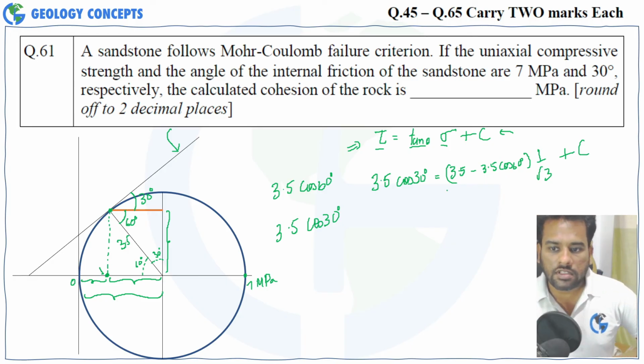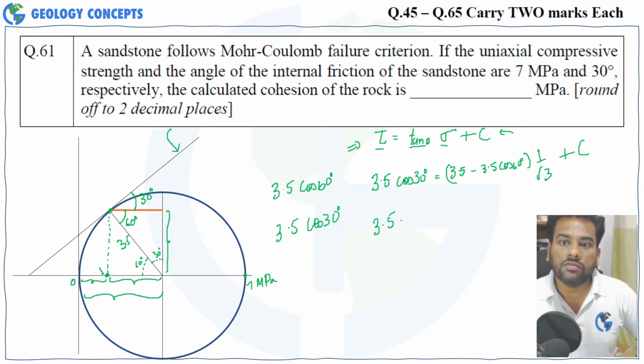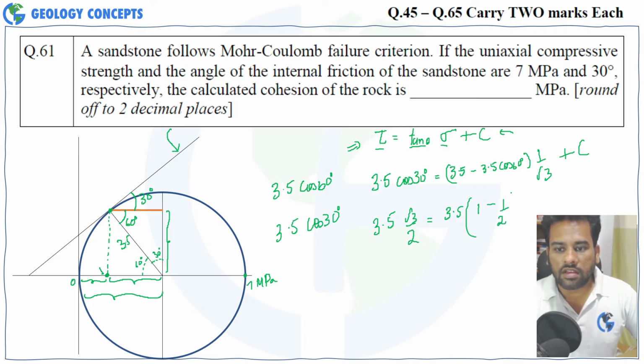If you solve for this, 3.5 cos 30 is 3.5 root 3 by 2, since sin 30 is half, so cos 30 will be root 3 by 2. That is equal to 3.5 times 1 minus cos 60, which is half, so 1 minus half, into 1 by root 3, plus c.